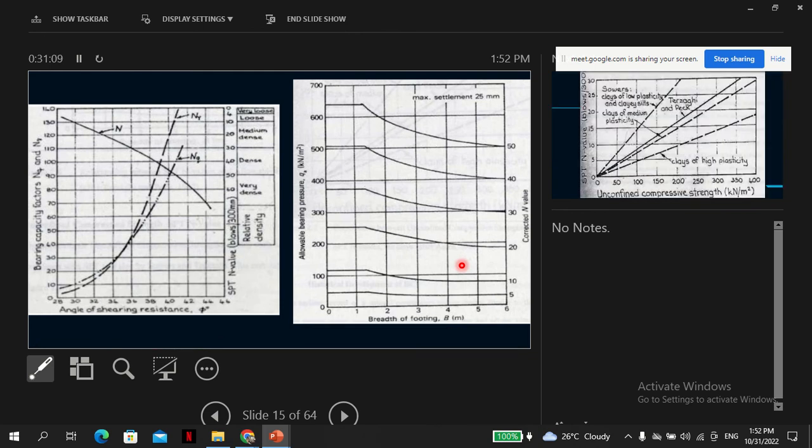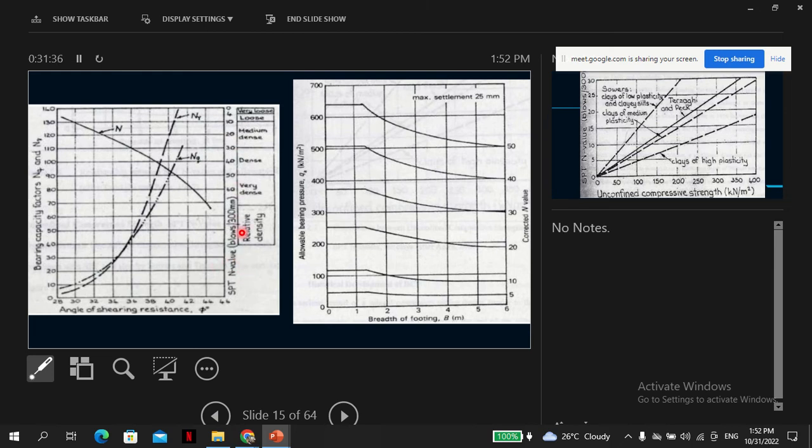And so we also like this standard test because there are already some good correlations. These are the bearing capacity factors, which I'm sure you've talked about, Nq and Ngamma, and the angle of shearing resistance, the angle of internal friction, and also the N value.